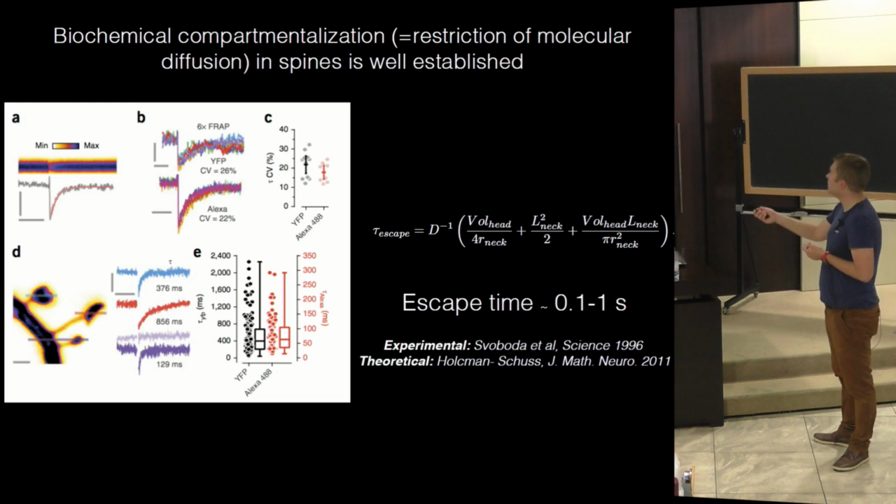A lot of work has been done by David and Zev Schuss, plus postdocs and students, to derive, in one of the latest complete expressions, the escape time from the head to the dendrite. As David showed yesterday, there are three terms. This one is the mean first passage time of one ion to the entry of the neck.